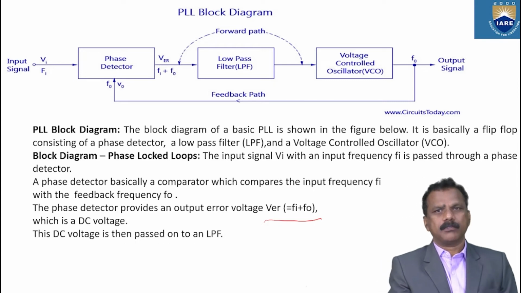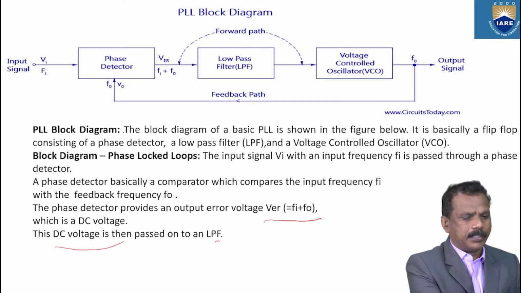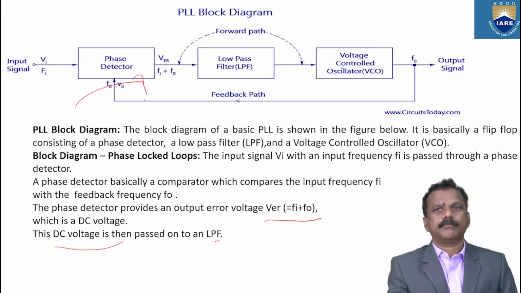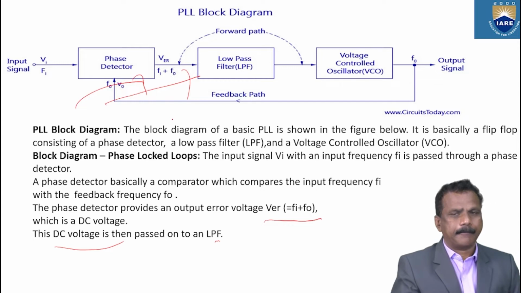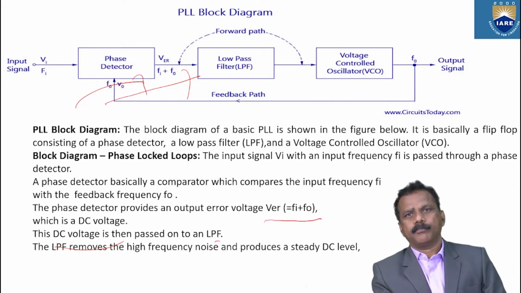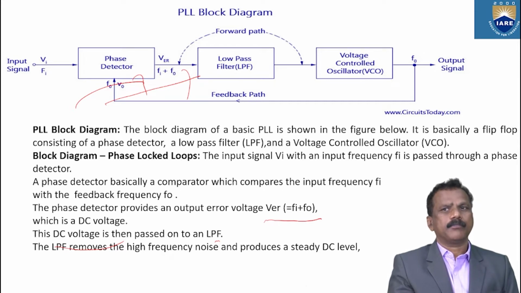This DC voltage is then passed on to the low pass filter. The low pass filter removes the high frequency noise or components and produces a steady DC level.